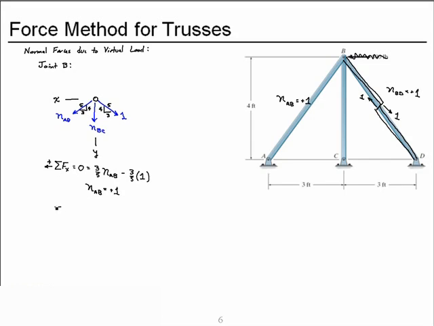Now vertical equilibrium. Sum of the forces in y equals 0. According to our coordinate system, down is positive. We get a positive 4/5 contribution from member AB, which is a positive 1.